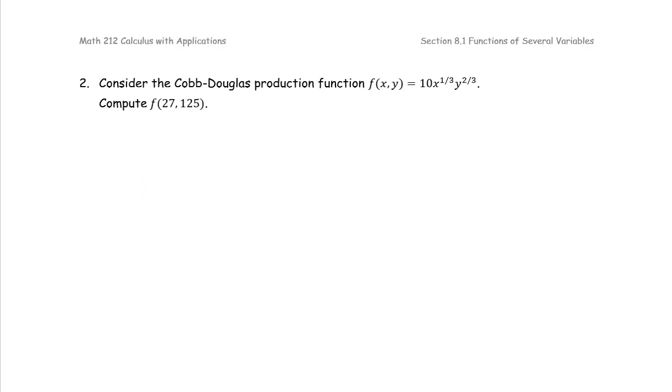At this point, you should feel comfortable evaluating the function value. What we have is x is 27 and y is 125, and you have done this before, remember, as part of implicit differentiation earlier. So to compute f at 27, 125, as a normal routine, just plug it in.